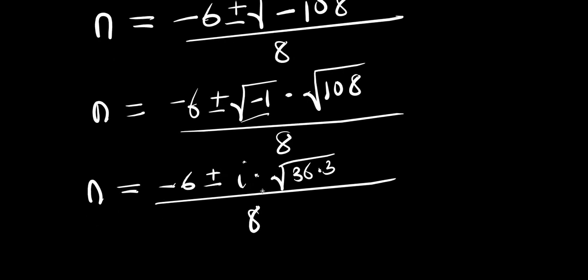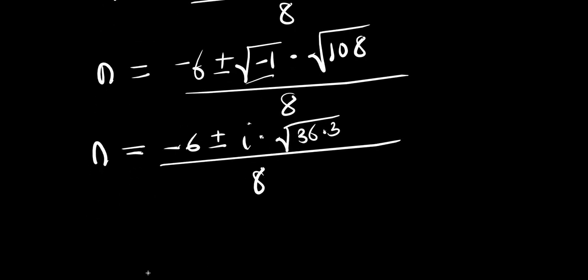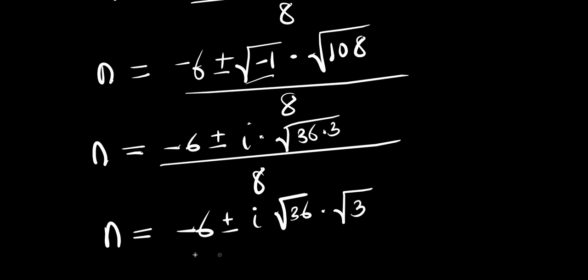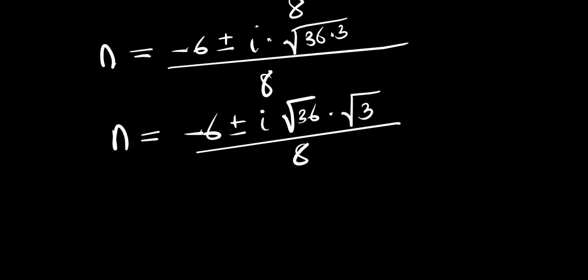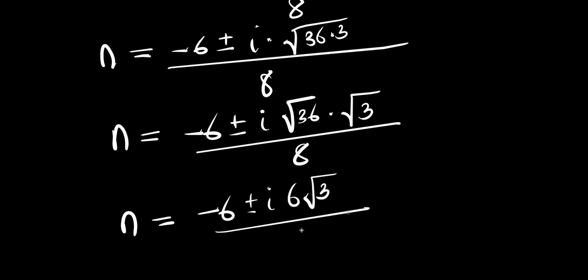So from here, we can have n equals negative 6 plus or minus i times square root of 36 times square root of 3 divided by 8. So from here, we have n equals negative 6 plus or minus i times square root of 36, that is 6 root 3 divided by 8.